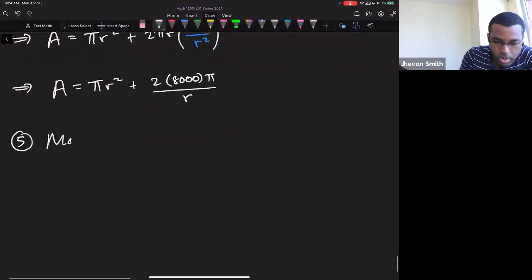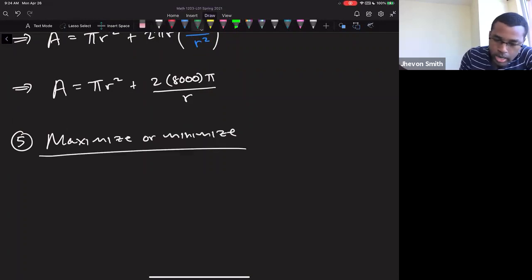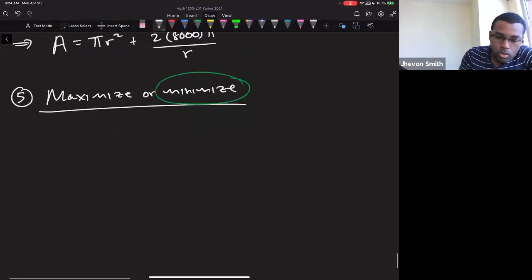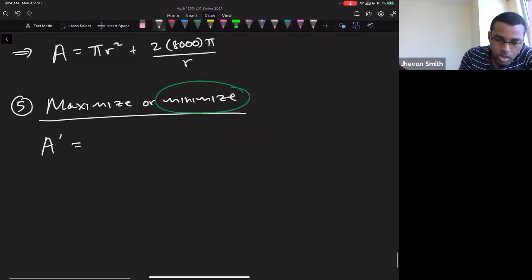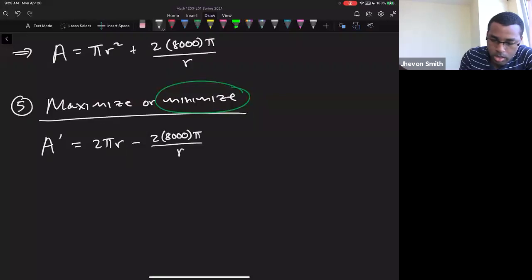We're going to maximize or minimize. Here again, we want to minimize. We're going to find A prime, which is here 2 pi r minus 2 times 8,000 pi over r squared, set equal to 0 or undefined.